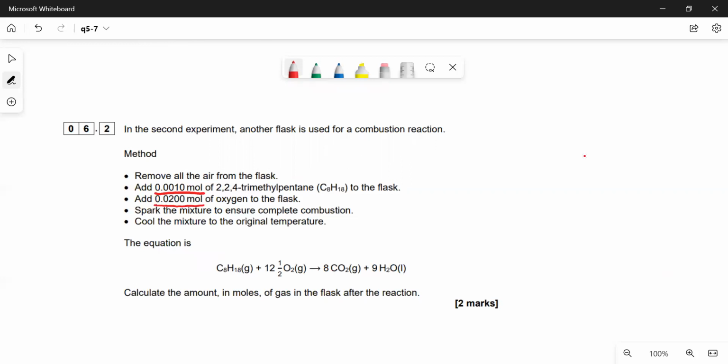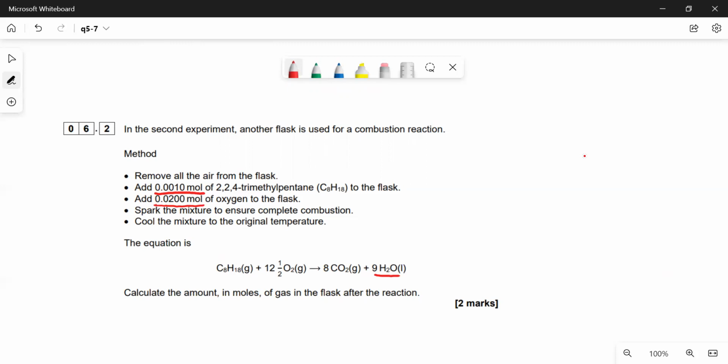And they spark the mixture to ensure complete combustion. Because they say complete combustion, the oxygen must be in excess there. We could show that, but it obviously is in excess. And the cooled mixture is at the original temperature, so that means that the water is going to condense out. Calculate the amount in moles of gas in the flask after the reaction.